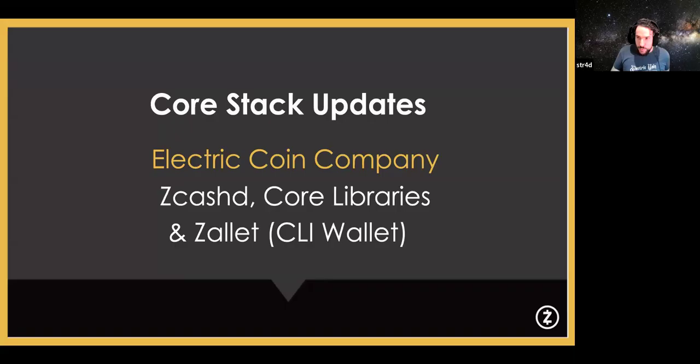That is now finally making its way through the stack as an implementation, thanks to Shell, the new ECC engineer who has taken this as their first onboard task, and it is working its way through the various stacks now.